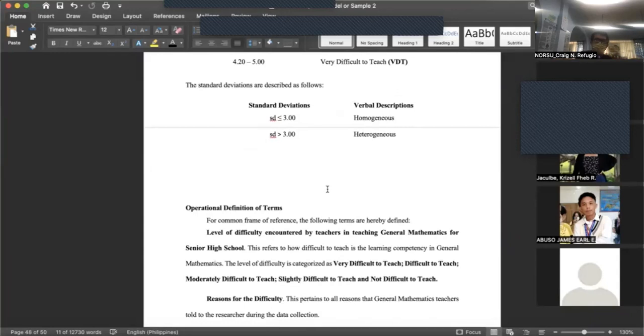But you are not going to define those terms individually. Why? Because in the statement of the problem, you don't use level alone. You don't use difficulty alone. You don't use encountered alone. And you don't use teaching alone. So you are not going to define each of those terms individually.